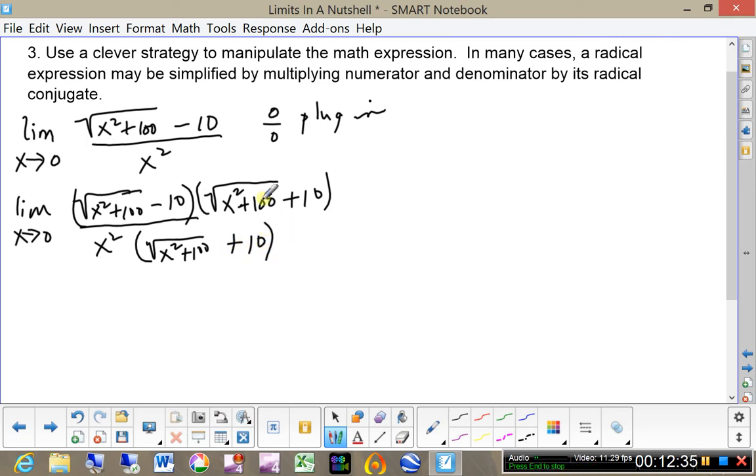And notice, if you multiply the numerator out, you'll get the radical times a radical, and that will equal x squared plus 100. Then you get the outside, which will be 10 square roots of x squared plus 100.